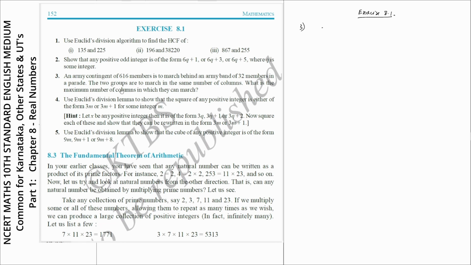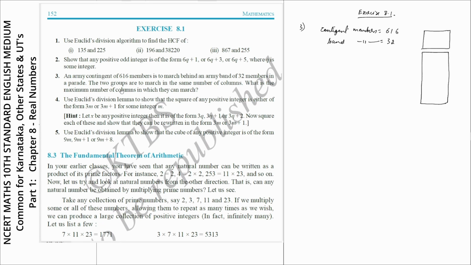So here, contingent members are 616, and band members are 32. Now in a parade, first the band members will be in the front and the contingent members will be behind.